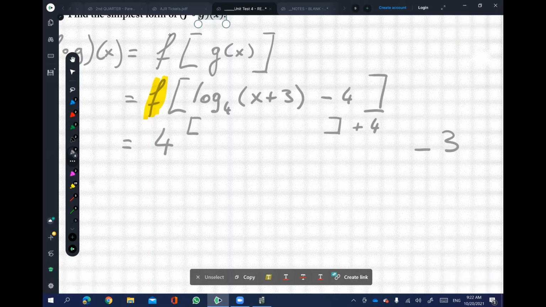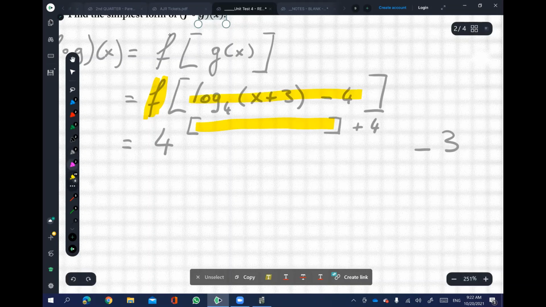So instead of the x right here, I'm going to put g of x and have logarithm base 4 of x plus 3 minus 4.